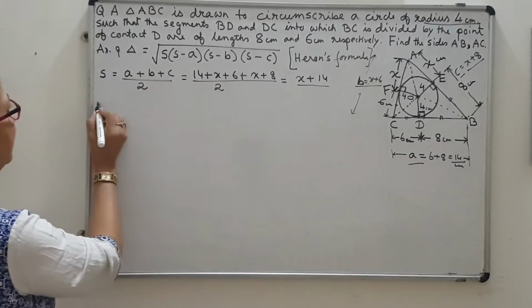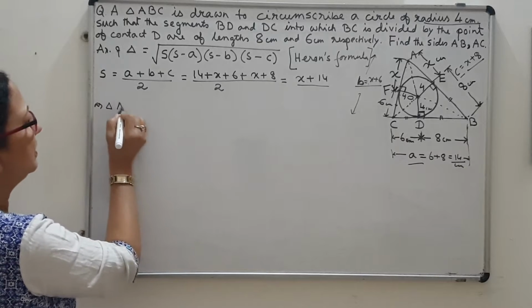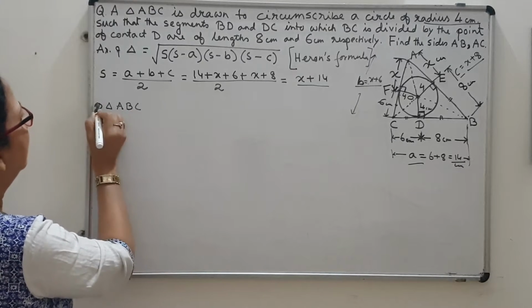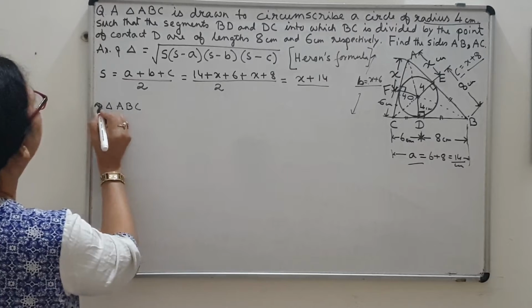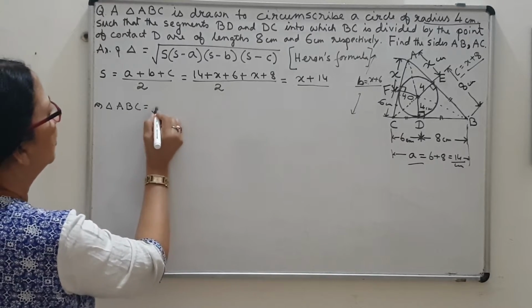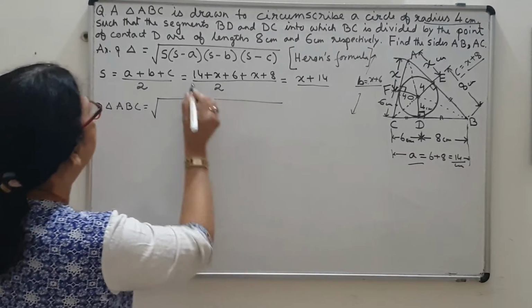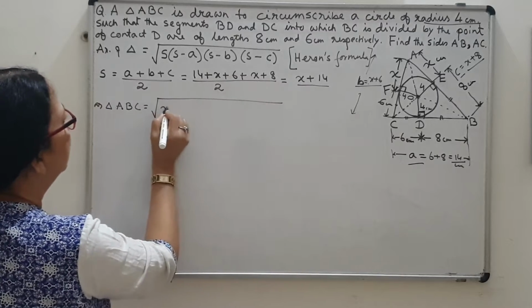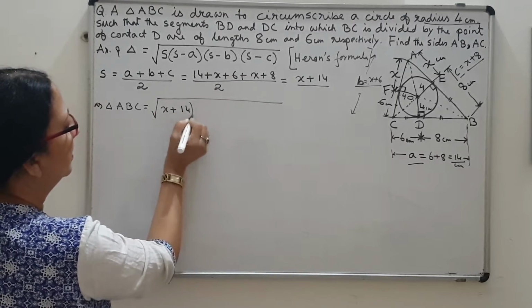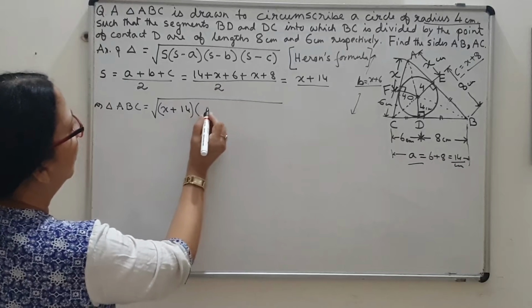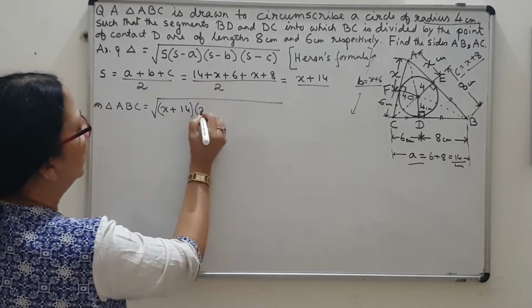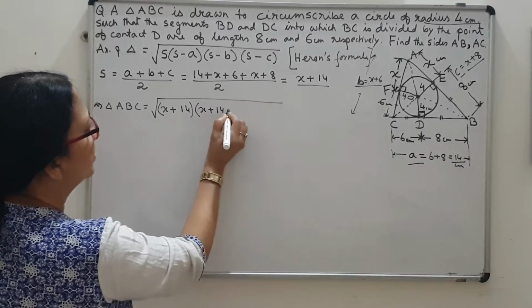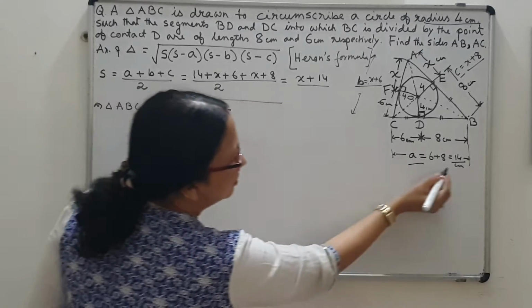So now let me find the area of triangle ABC by Heron's formula. S is x plus 14. And what is S minus a? x plus 14 minus a, where a is 14.